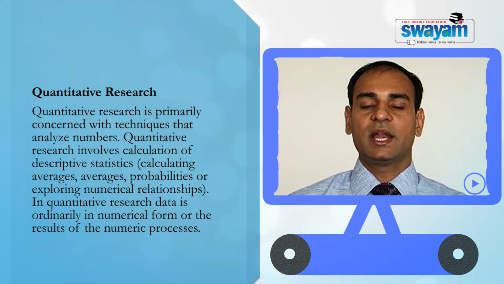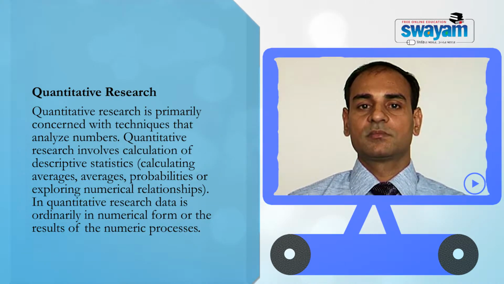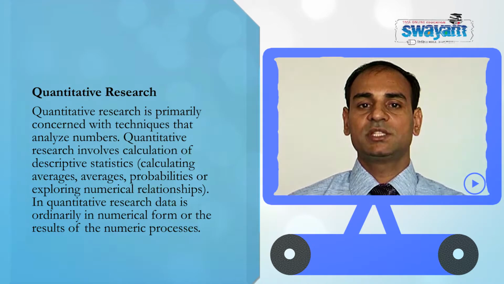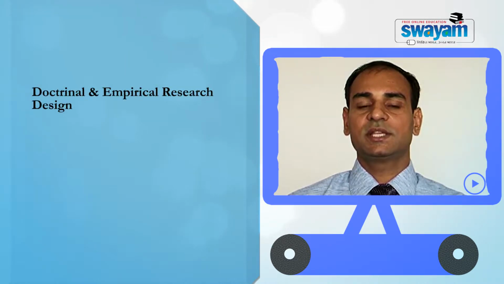After discussing the qualitative and quantitative methods on the basis of their distinct approach as to the nature of investigation and the nature of data, the second way of understanding the research design is on the basis of the nature of data, that is, doctrinal and empirical research design.